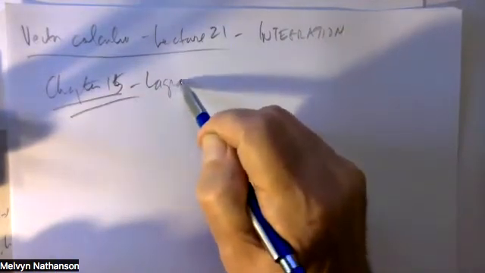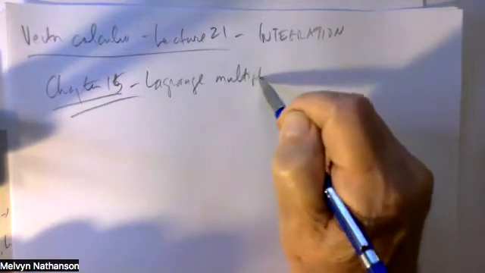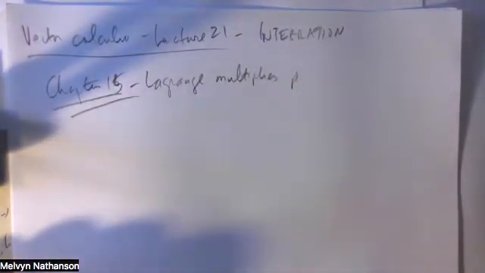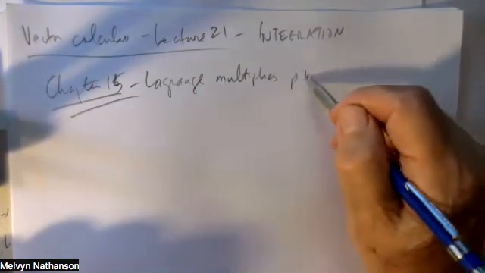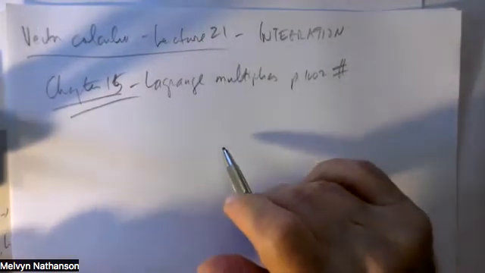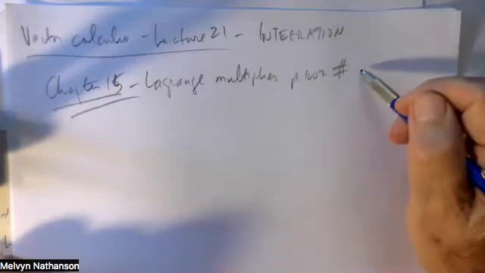Okay, so Lagrange multipliers. This is page 1002. Let's look at, I don't know, try number 13.